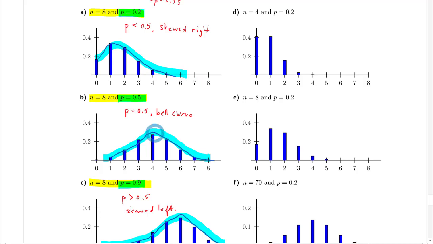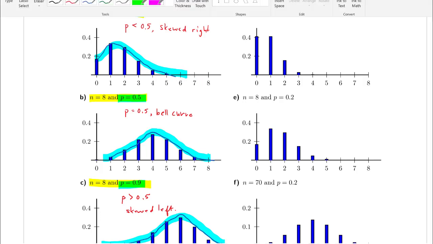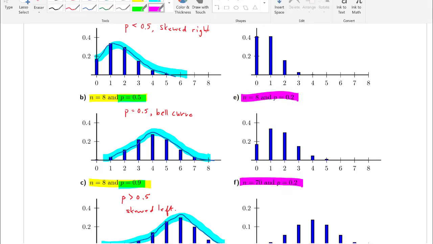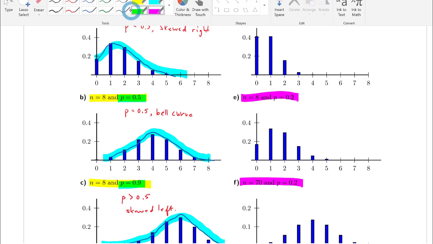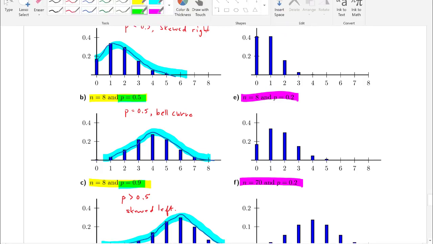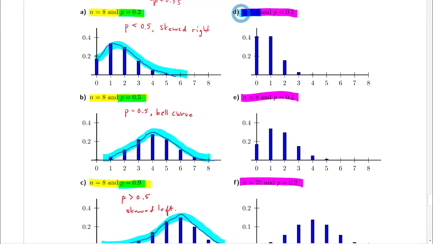Okay, now let's look at the right column and look at the probability of success and the trials. We can see that the probability of success is the same for each one, but the number of trials is increasing.